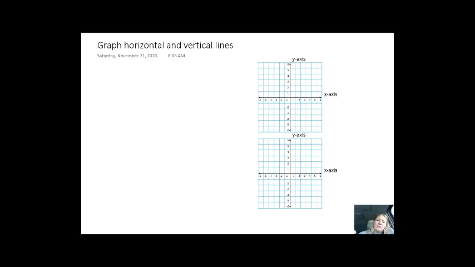Okay, in this video, we're going to look at how to graph horizontal and vertical lines. A horizontal line is a line that has a zero slope. So the slope is 0.